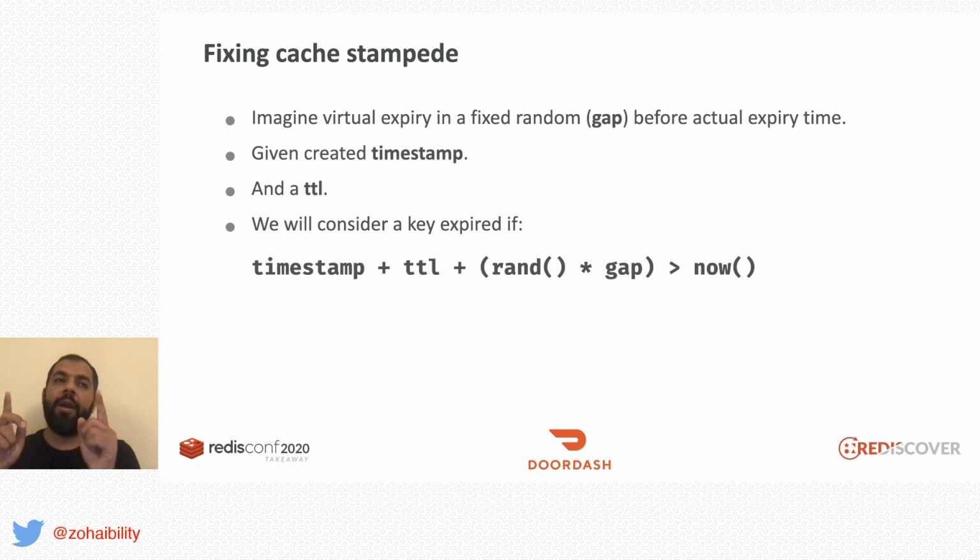Since rand can be between 0 and 1, and if the gap is 2 seconds, your random eviction window is going to cause this last 2 seconds to, at random from different servers, tip the servers over to think that, hey, the entry has already expired. We do this, and with this random, we imagine that this entry has already expired, so let me go ahead and read it from the database, or whatever your secondary logic is to prefetch the item.